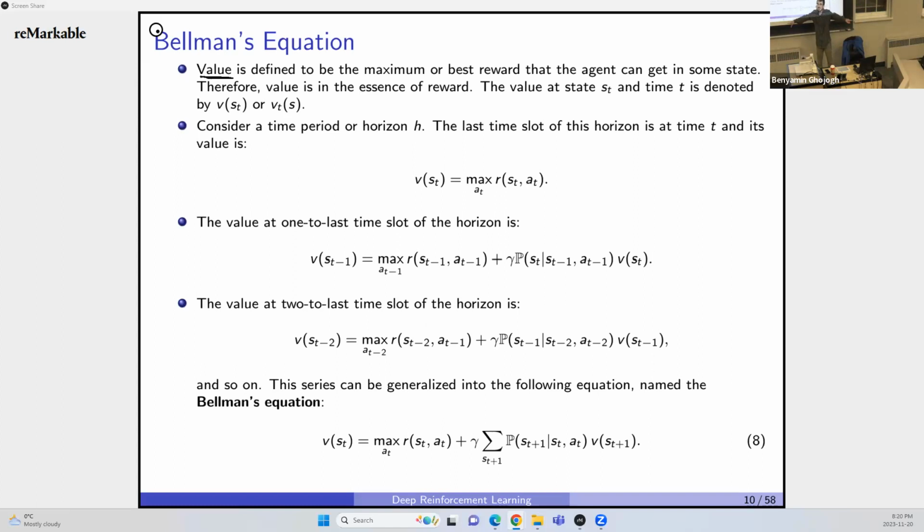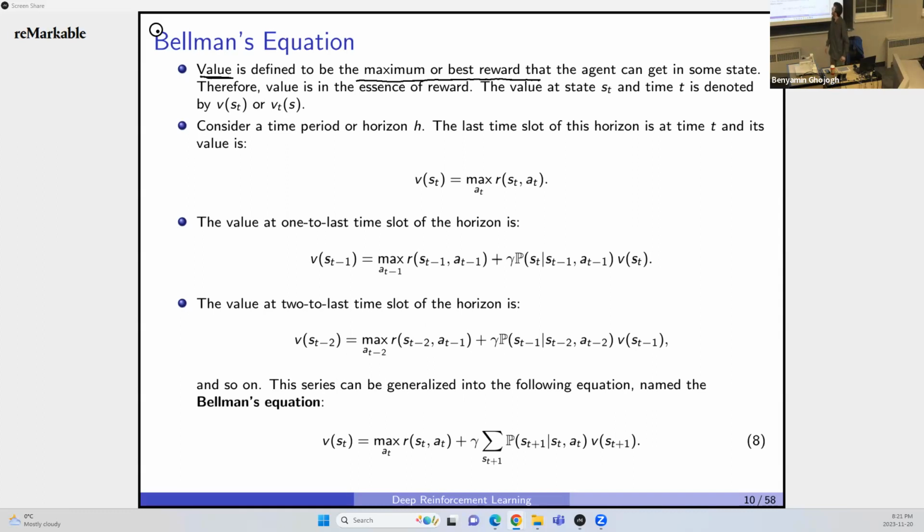One of these actions is the best action, which gives the maximum reward. Let the maximum reward be named value. So the best or maximum reward is called value. So what is the essence of value? Reward. Okay. It's the maximum or best reward that the agent can get in some state.